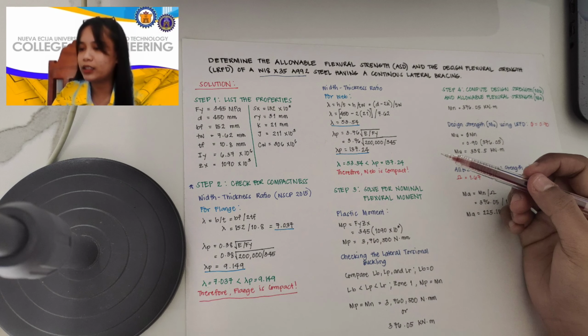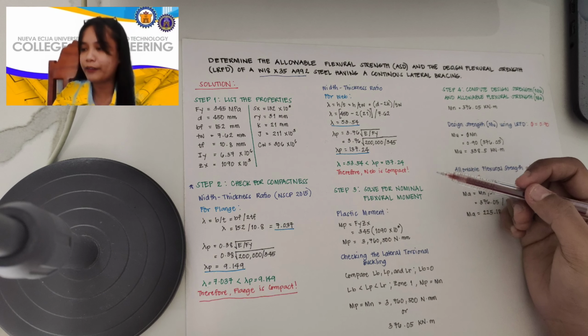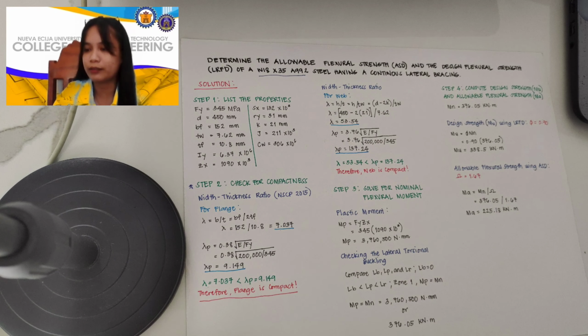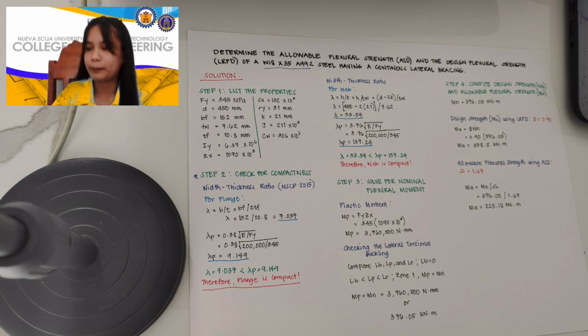Kung babalikan natin yung table 502.4.1 sa ating NSCP 2015, ating code, for case number 9, maka-classify natin yung ating steel section. The h is the distance between two flanges, or the height.